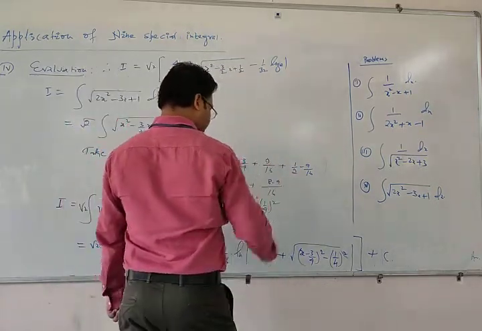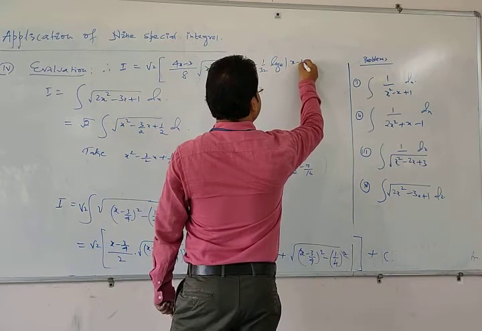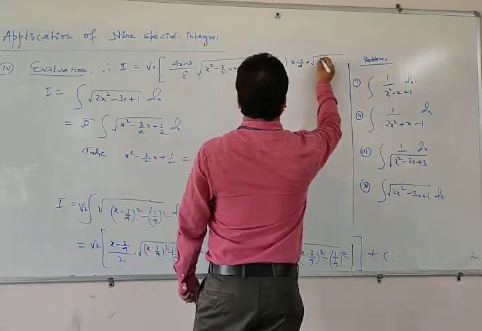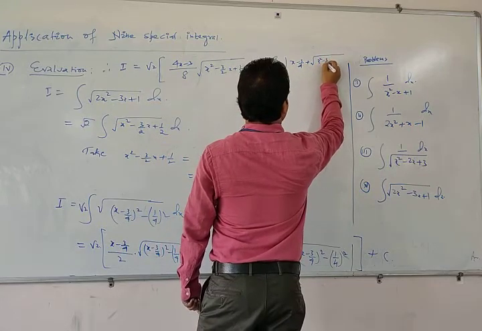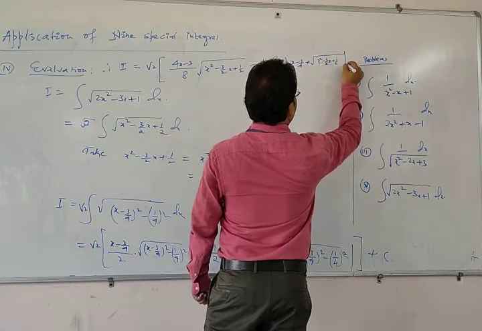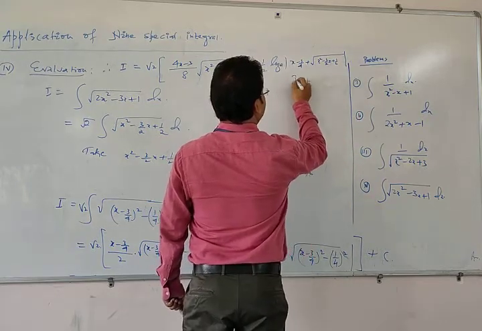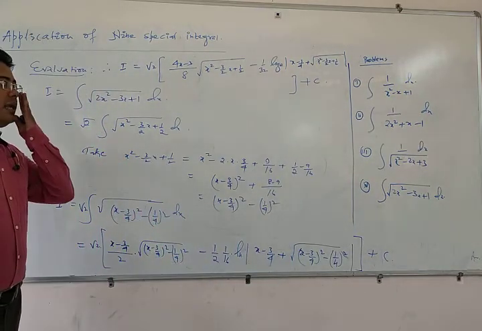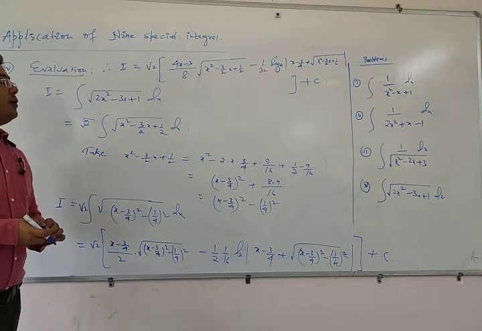Here you can write x minus 3 by 4 plus square root of x square minus 3 by 2 x plus half, and this is the close of modulus, and lastly put constant term c. This is the final integral.